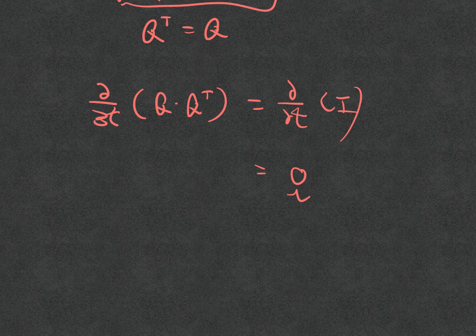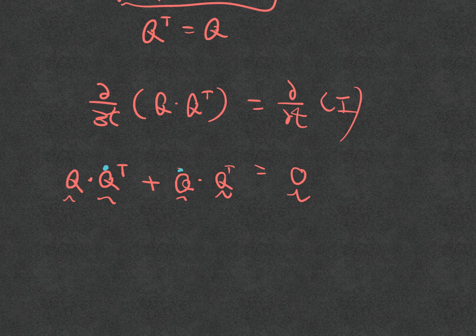I would apply the chain rule, which gives me Q dot times Q transpose plus Q times Q dot transpose. Does that make sense? The dot is just the time derivative.